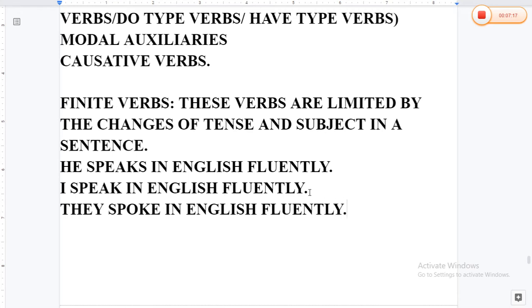Here you see when we change the tense in the sentence, the form of verb changes. So this is the point that I would like to explain here, that finite verbs are the verbs which change as per the change in tense and change in pronouns. Is this point clear?